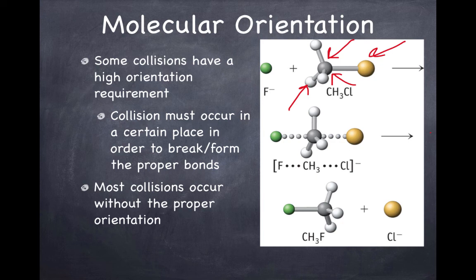What has to happen is that fluorine atom has to collide with that carbon atom directly on the back side of that carbon-chlorine bond in order to break it and then form that carbon-fluorine bond. So this reaction does have an orientation requirement. It really is dependent upon the orientation of that fluorine-carbon collision.